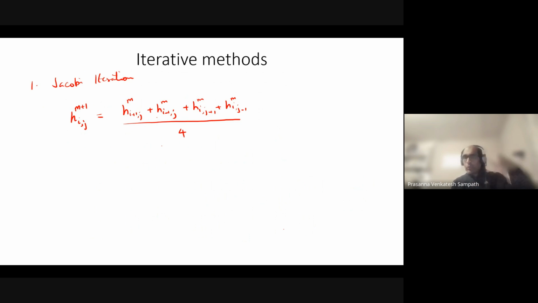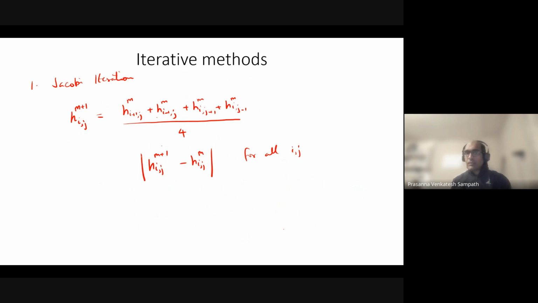And then I keep doing this until I find that h of I comma j at m plus 1 minus h of I comma j at m, I take the absolute value of this. I'm going to do this for all values of I comma j.